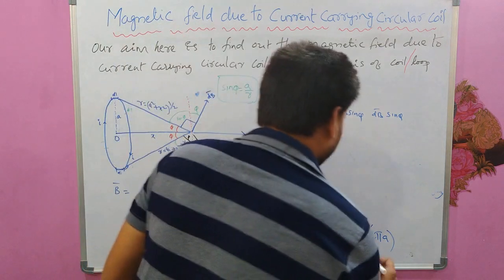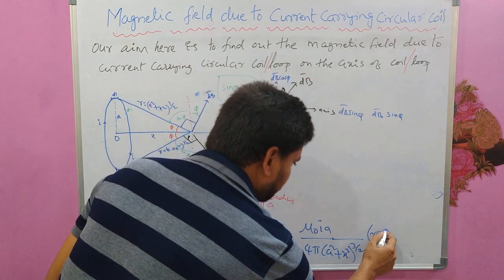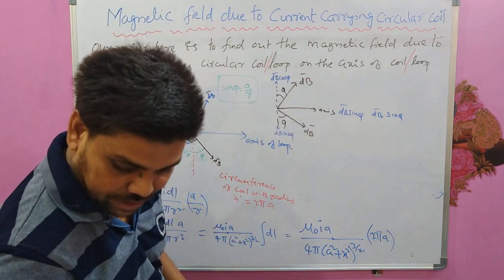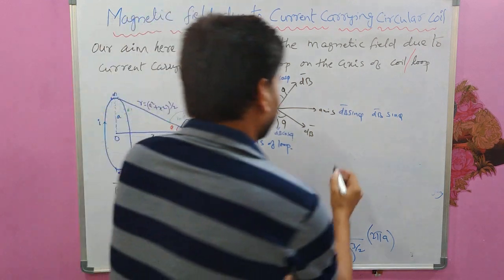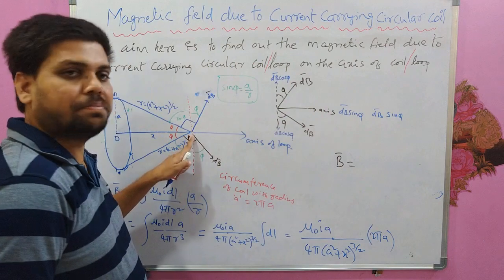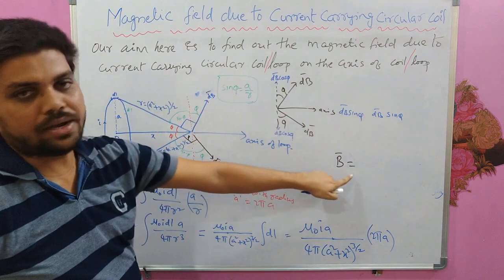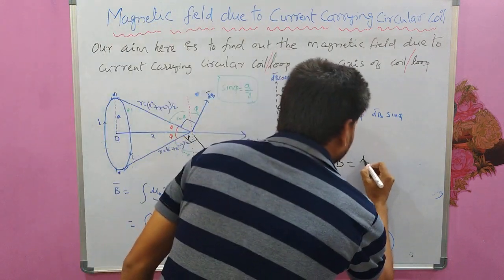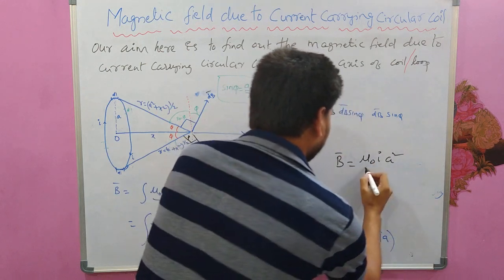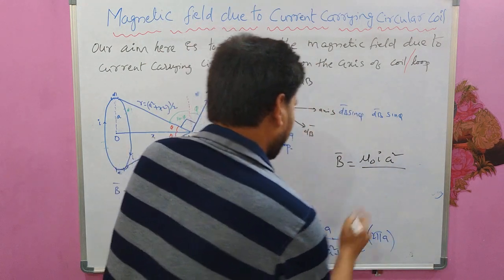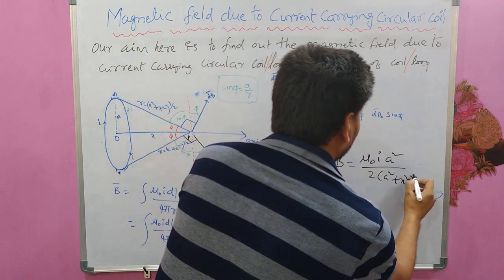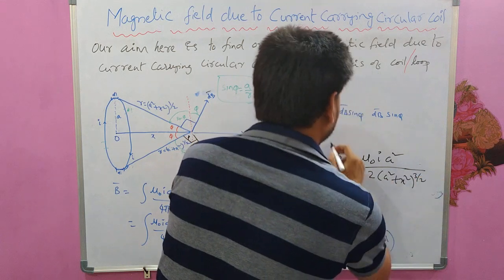And if I cancel with this 2 pi and write 2 here, we will get the final formula. The net magnetic field at this point P due to the entire circular coil will be mu naught I a square by 2 into a square plus x square whole power 3 by 2.